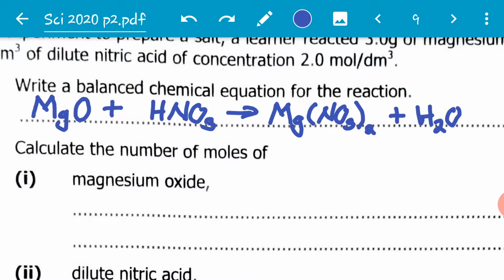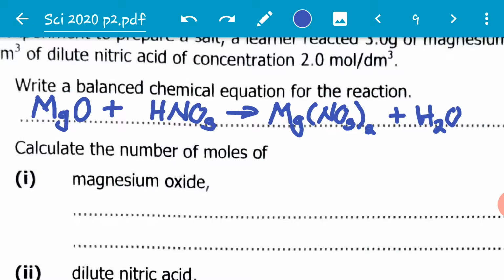What we should always remember when balancing a chemical equation is that we should always balance hydrogen and oxygen last. So since we are balancing by inspection, on the reactant side we have 1 magnesium and on the product side we have 1 magnesium. So magnesium is balanced.